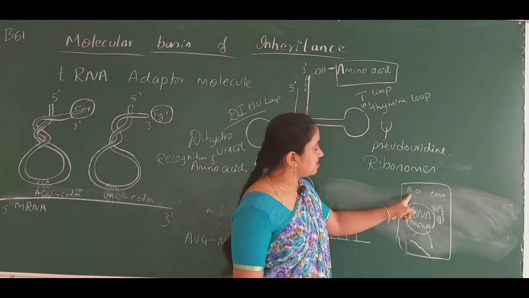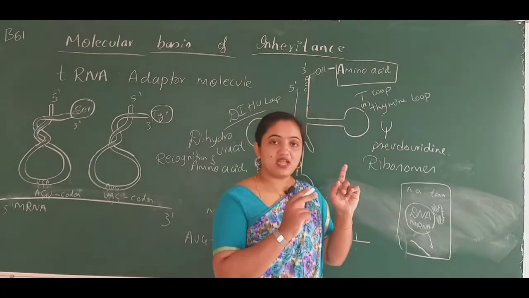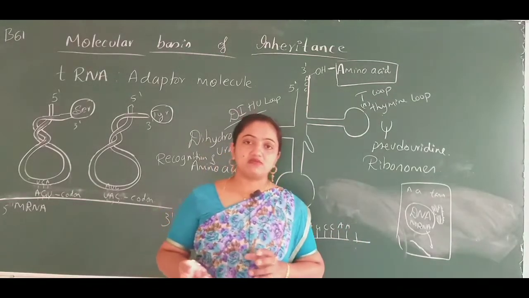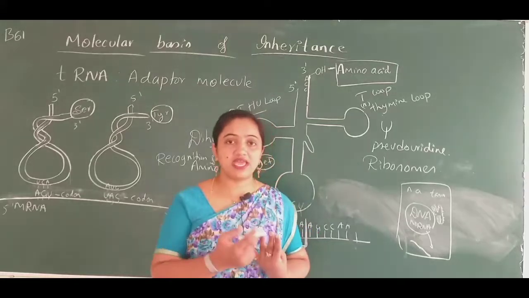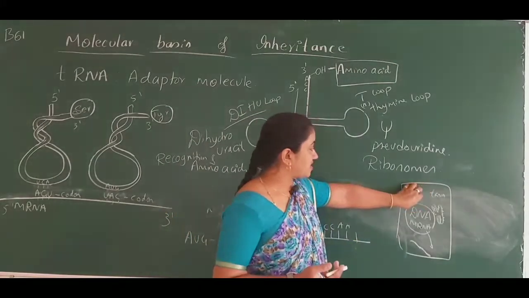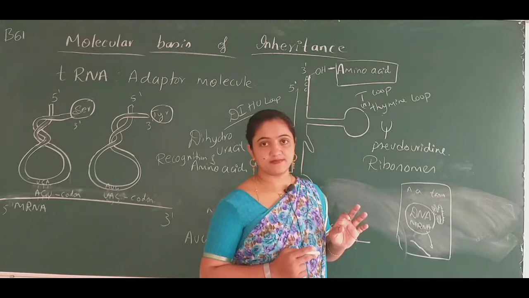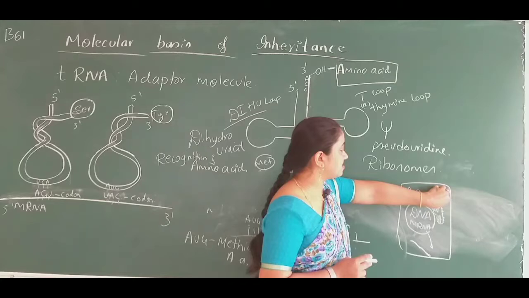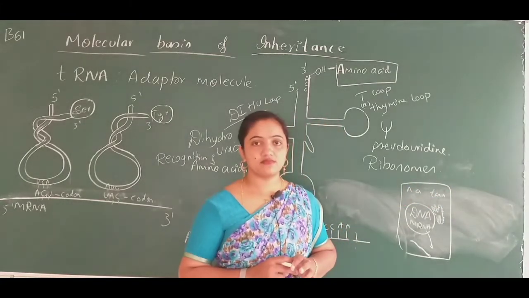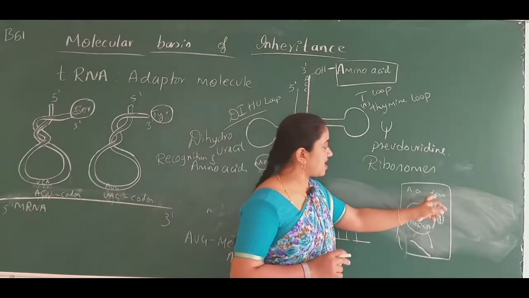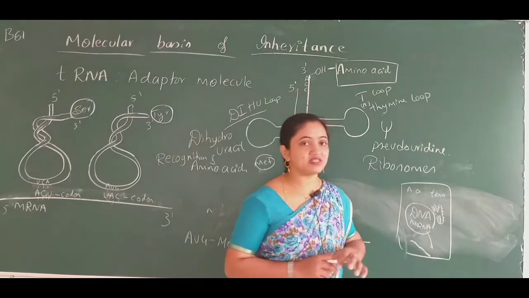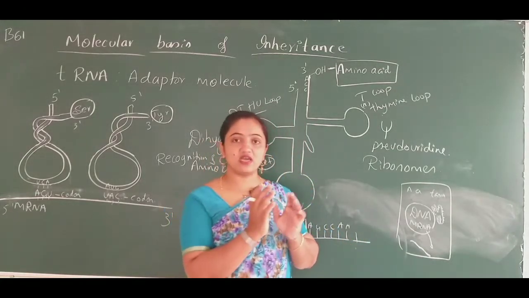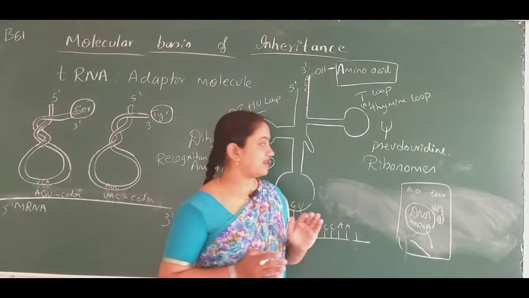The first thing, the amino acid will get charged. How will it get charged? By taking ATP, the energy. Later it will bind with the tRNA. The tRNA having a charged amino acid is known as charged tRNA or aminoacyl tRNA.